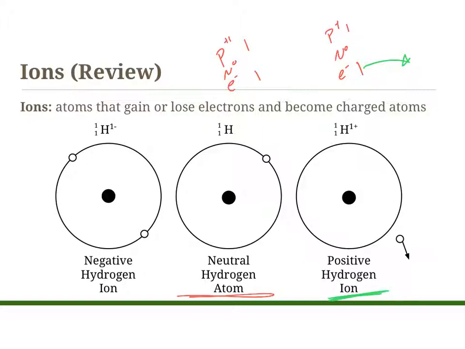And in a negatively charged hydrogen atom, we have 1 proton and 0 neutrons, as these do. And the electrons in this case started with 1, but an electron was added, so it ended up with 2 electrons. So its overall charge is going to be a -1. So this is a -1, this is a +1, and this has a neutral charge.